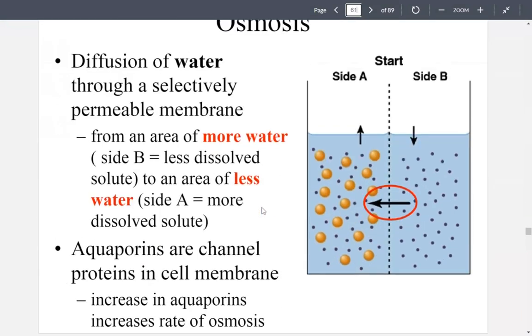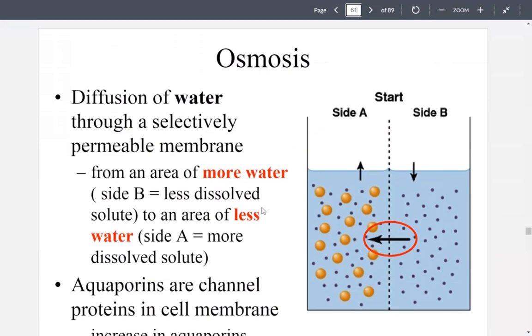There's also something referred to as osmosis. We're going to talk about osmosis in a lot more detail later, about slide 71. Osmosis is the movement of water from a high ion or solute concentration to a low solute concentration. Basically, water is going to try and balance out the solute concentration.